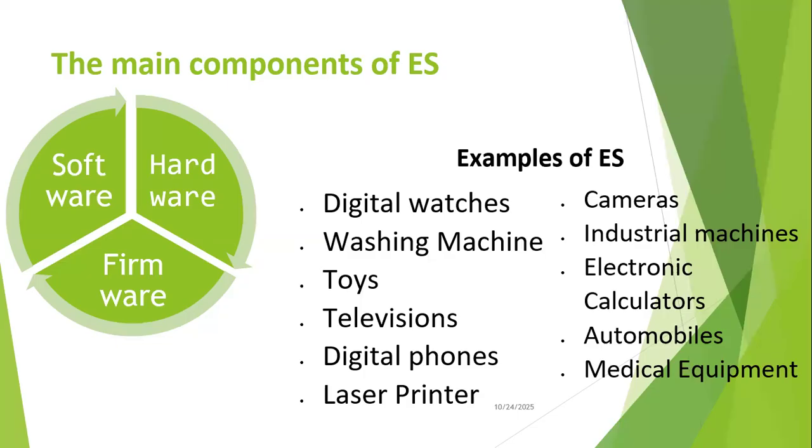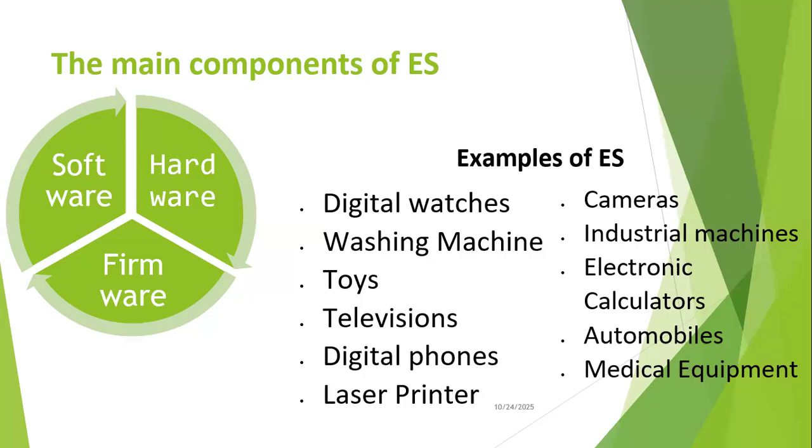Have you seen how one button is performing two operations? The same button you use to turn it on, you can use to turn it off. The impact and functions of embedded systems cannot be overemphasized in different areas like this.